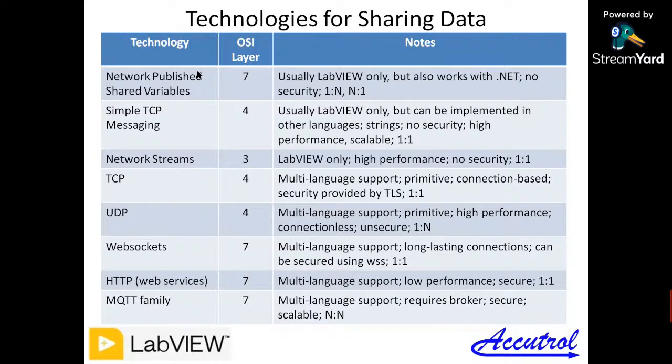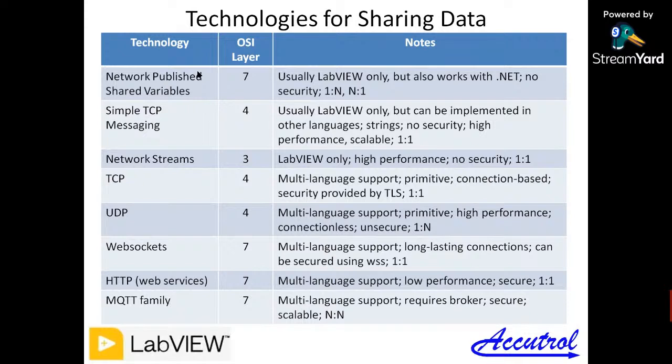My understanding is it can be implemented in other languages. All of the data are strings, so you have to do what I call the dehydration and rehydration. You have to turn your data into strings, and then on the other end, turn it back into your data. No security, high performance, and it is scalable, and it's typically point to point.